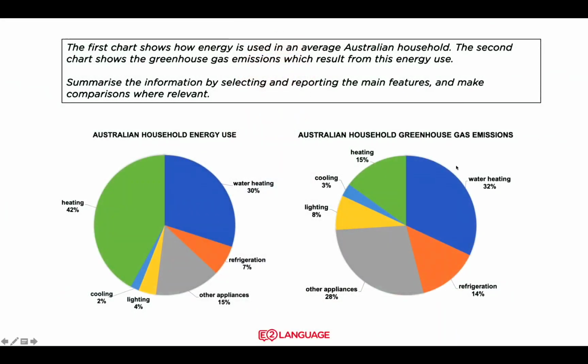So this is the gas that is emitted or generated as a result of that electricity use. So here we have the same elements: heating, water heating, refrigeration, appliances, lighting, and cooling, but we're not looking at energy use, we're looking at the gas emissions. So for example, 15% of household gas emissions come from heating.